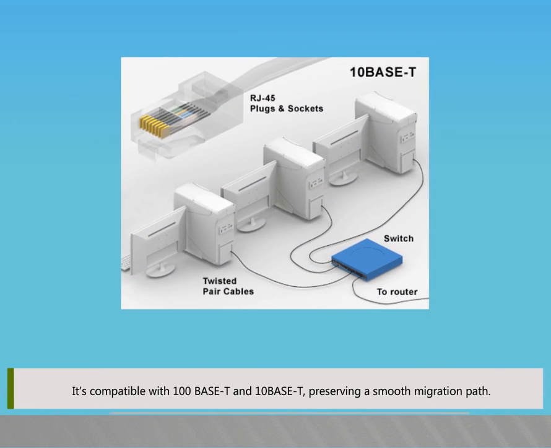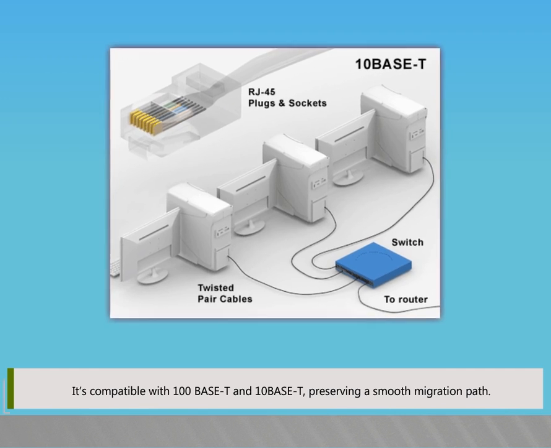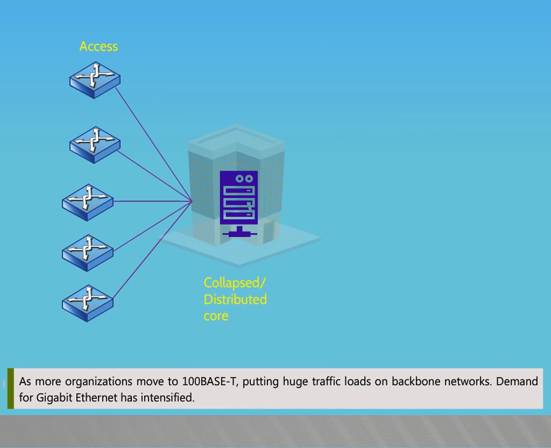It's compatible with 100BASE-T and 10BASE-T, preserving a smooth migration path. As more organizations move to 100BASE-T, putting huge traffic loads on backbone networks, demand for Gigabit Ethernet has intensified.